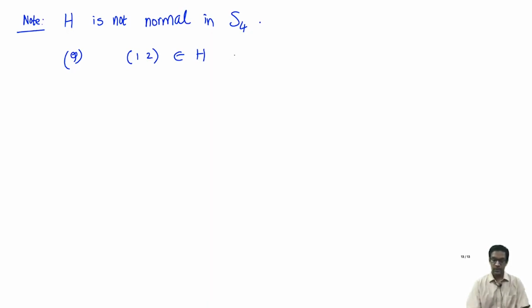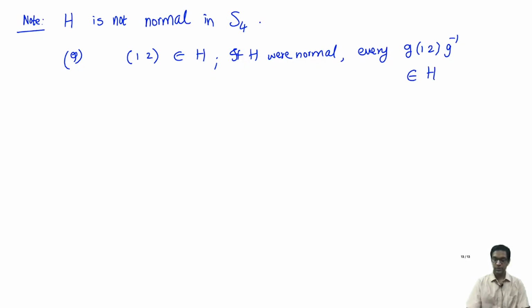So if H were normal, that would mean that every element of the form g(1 2)g inverse would also belong to H. But we know what conjugation does, right? It will just map it to every other transposition.